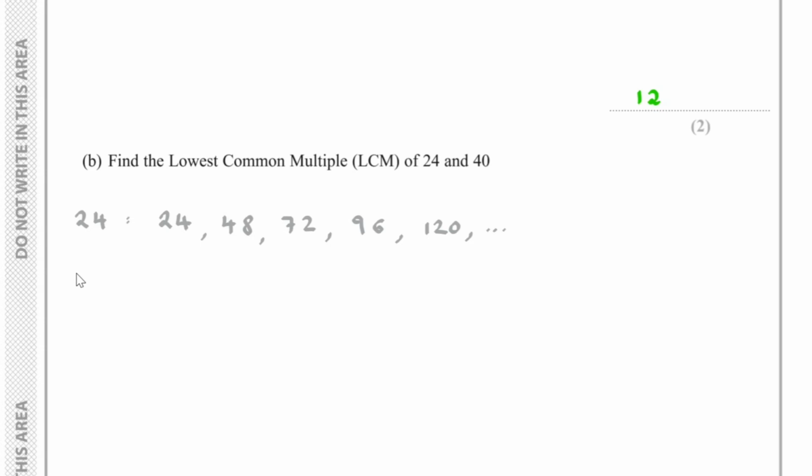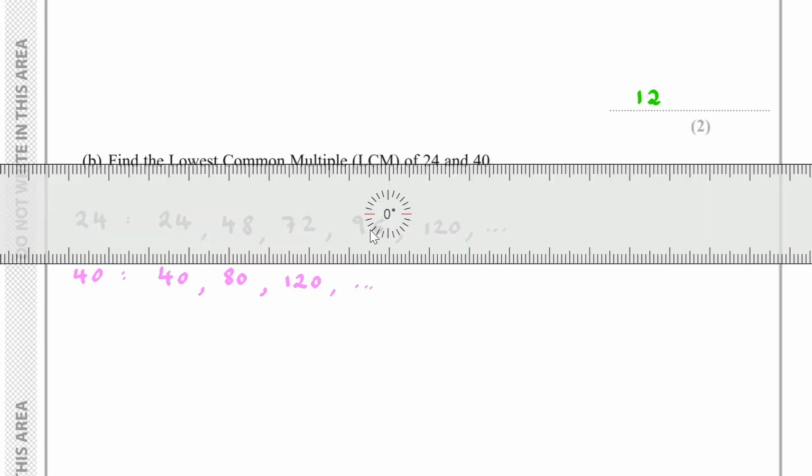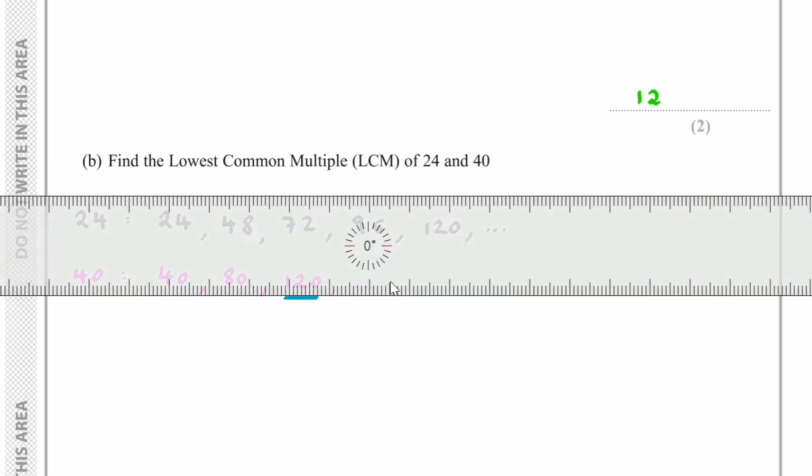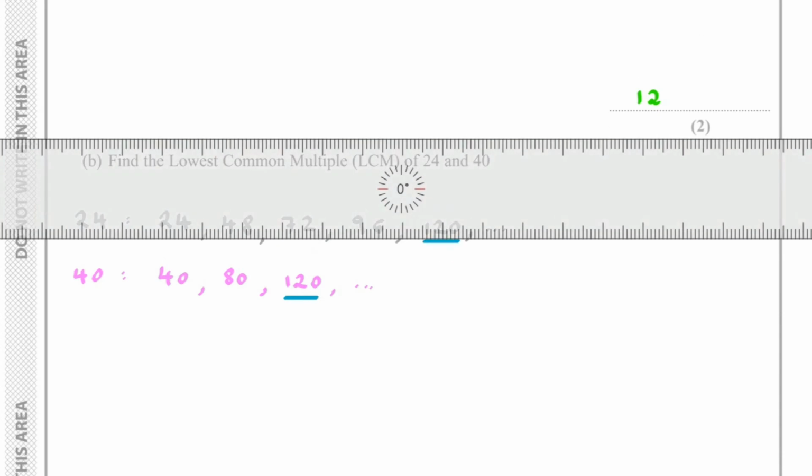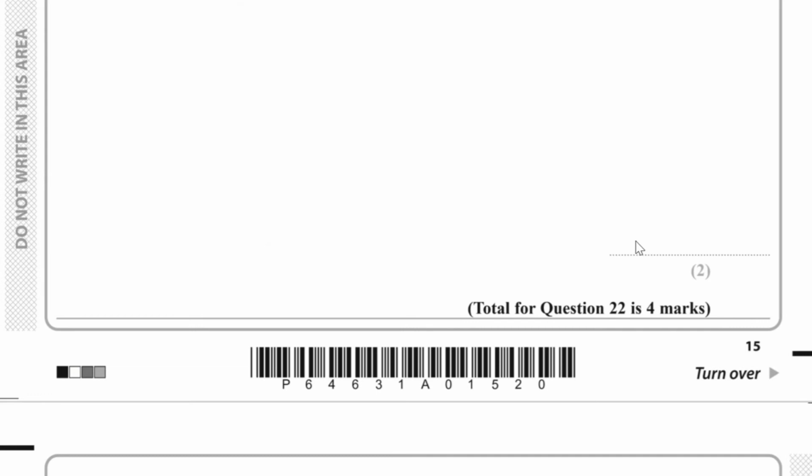If I write out the multiples of 40, we've got 40, 80, 120. Now, there's no point carrying on, because at this point what you'd hopefully notice is 120 is common to both. So the lowest common multiple of 24 and 40 is 120.